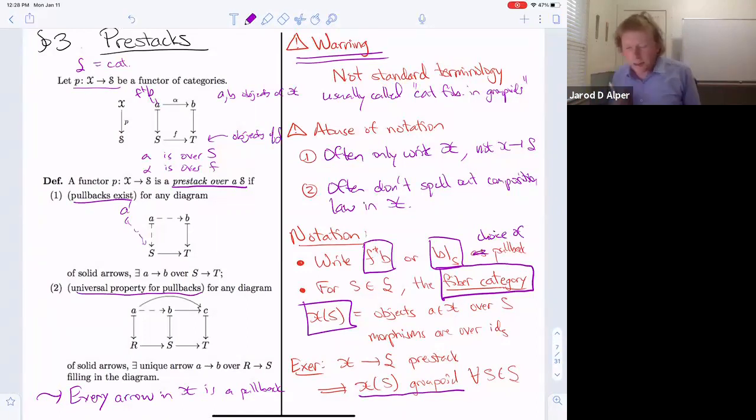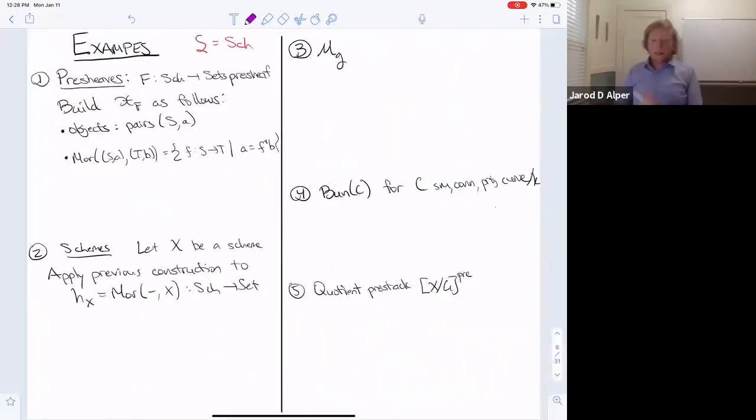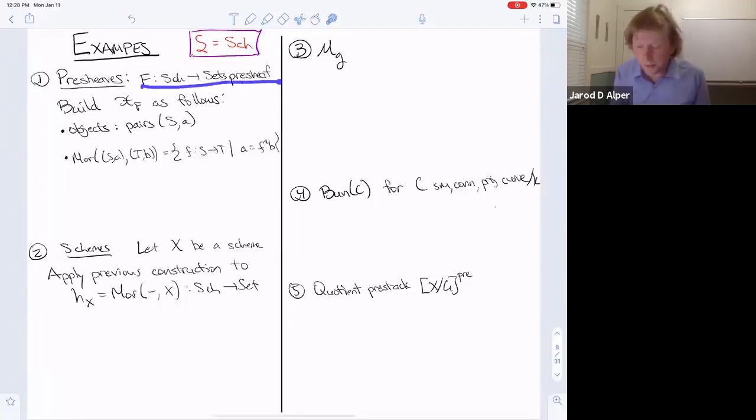All right, let's turn to examples, because I think that's really the way you immerse yourself in the material. So now I'm going to give a sequence of examples, and I'm going to first start by showing how presheaves can be viewed as prestacks. In all of these examples, we're going to take S to be the category of schemes. So suppose you have a presheaf F, and we're going to build a category X_F as follows.